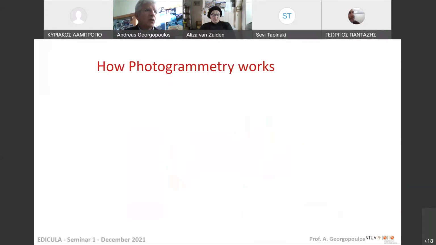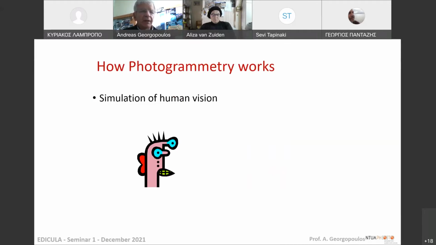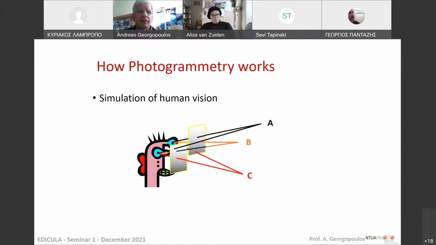And if you want to go into more detail, how does it work? It simulates human vision. So let's say that we have a human here, and you see the two cameras that the human has. And by using those two cameras, we humans understand depth. What we do is we deceive our brain, and we bring two images in front of our eyes. So we don't see the real object, but we see two images of the object, and our brain fuses those images and sees depth.